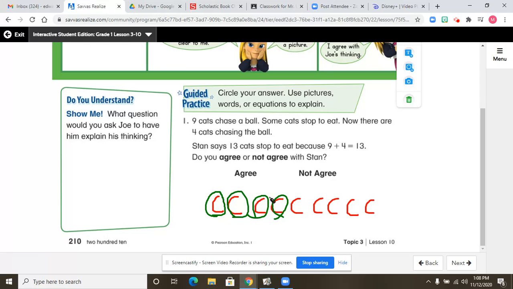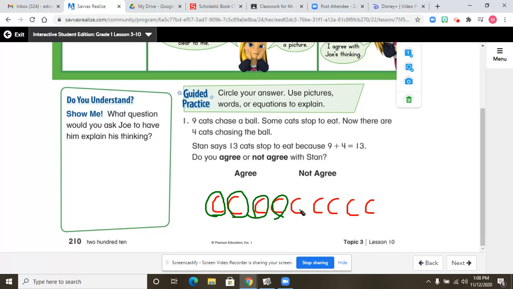Okay, so we know these 4, 1, 2, 3, 4, these 4 cats are still chasing the ball. So this many cats stopped to eat. So that is 1, 2, 3, 4, 5 stopped to eat. Okay, so Stan says 13 cats stopped to eat because 9 plus 4 equals 13. Do we agree or not agree?